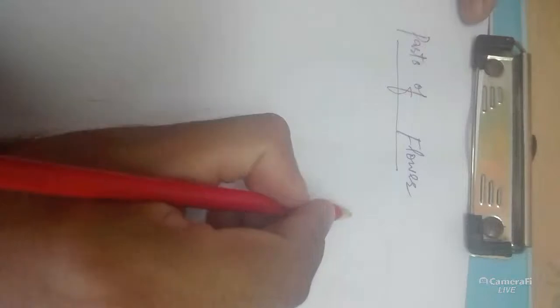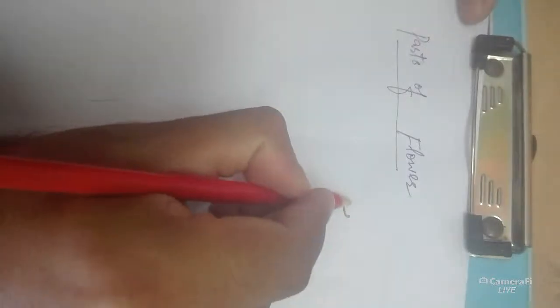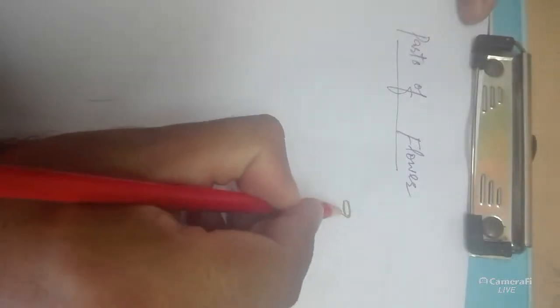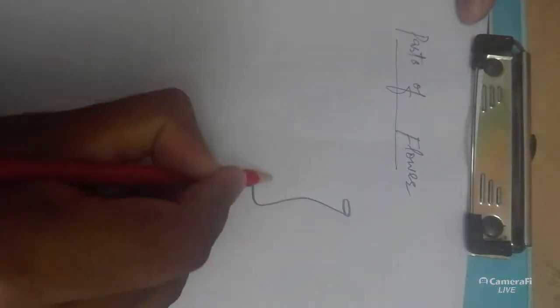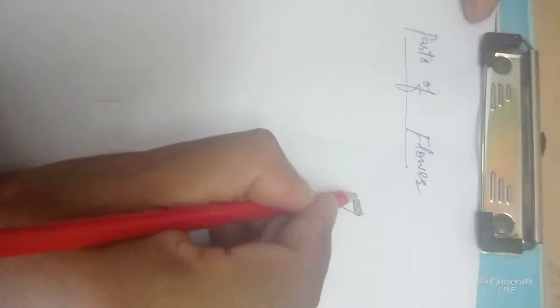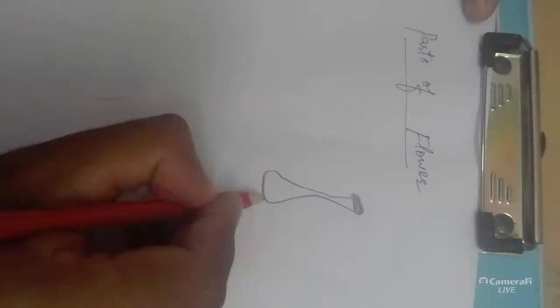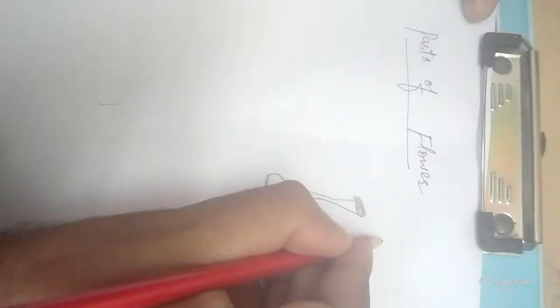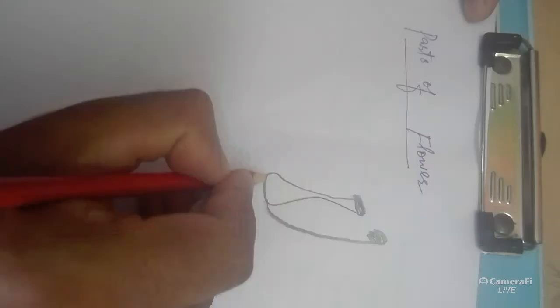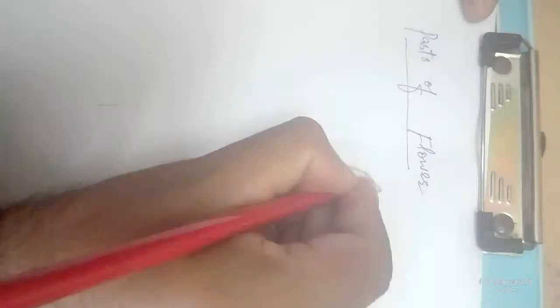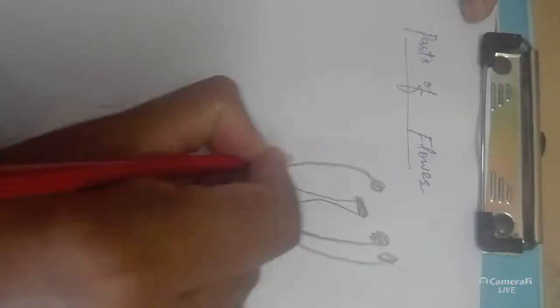When you start drawing a flower, you should start from the middle. I have made, yes, you are right, the pistil. This pistil may be surrounded by the stamens. We have different types of stamens.